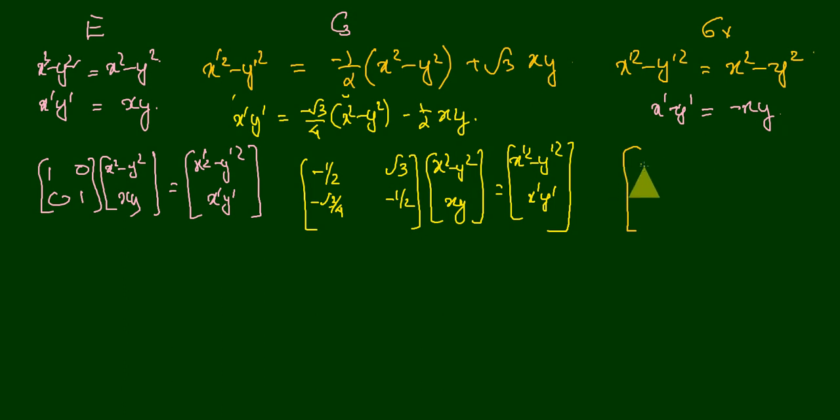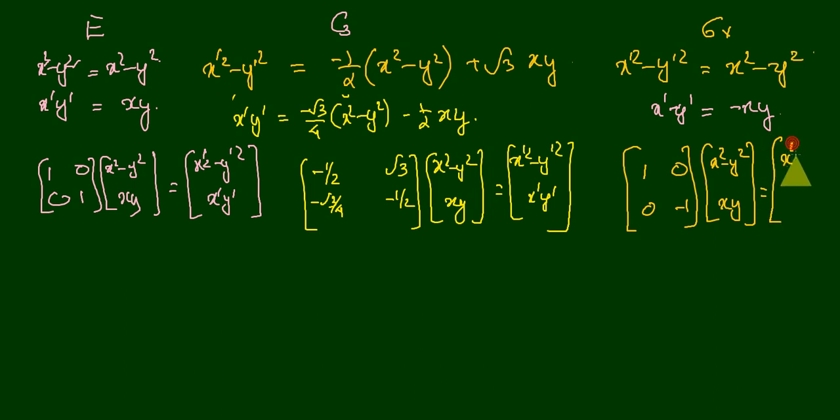So I can write it like 1 and 0, 0 minus 1, okay, then x square minus y square and xy is equal to x dash square minus y dash square and x dash y dash.